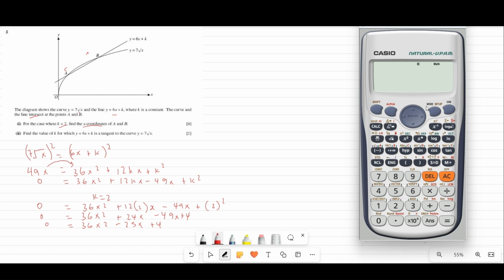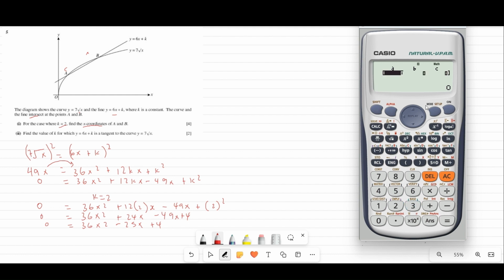On our usual Casio calculator, we go to mode, then we hit 5 for the equation. Then we go to number 3, which solves the quadratic equation, because the highest power of x in this case is 2.